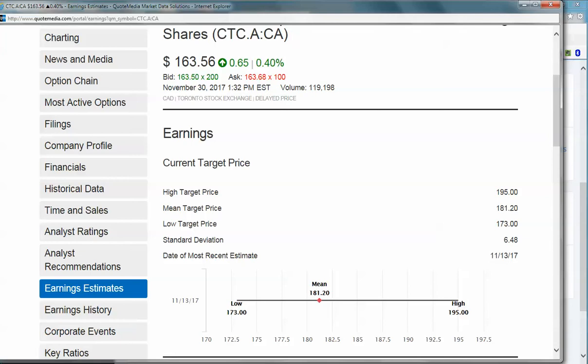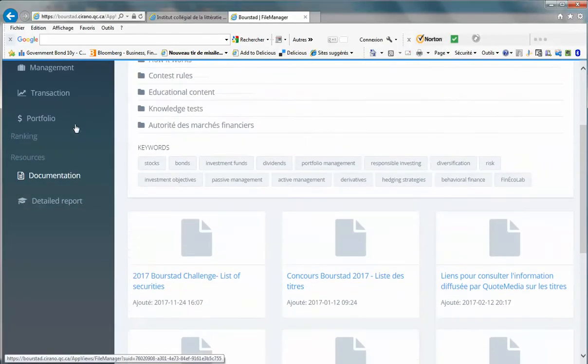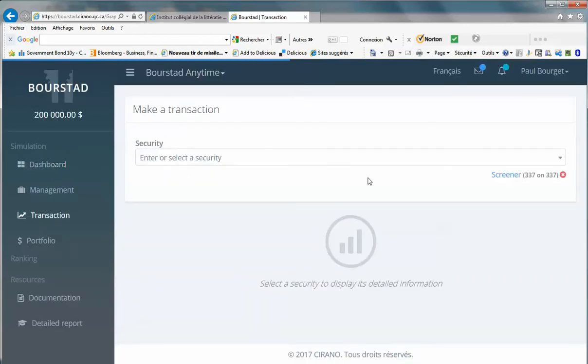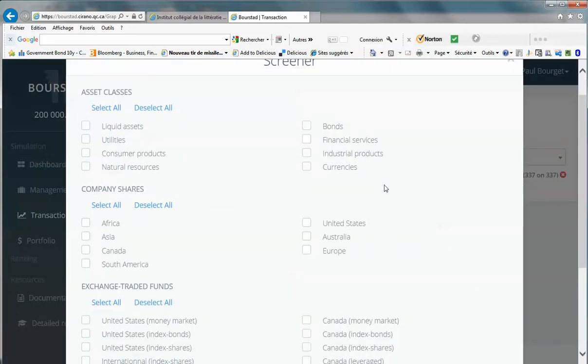So let's go back to the application menu and we'll select transaction. Well, here we have a screener that can help us, because in fact there are 400 securities available for transaction, so maybe the screener can help us find a specific security.